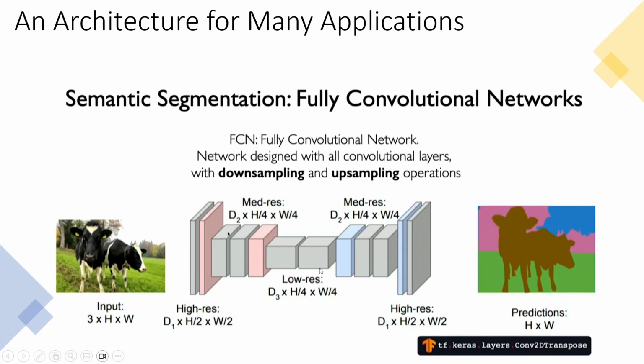The operation we use in order to increase the dimension of the filter is conv2d transpose. This is the transpose or inverse of the convolution operation. With the convolution operation, if you remember, we were reducing the dimension of the filter. With the transpose of the convolution 2D operation, we increase the dimension of the filters.